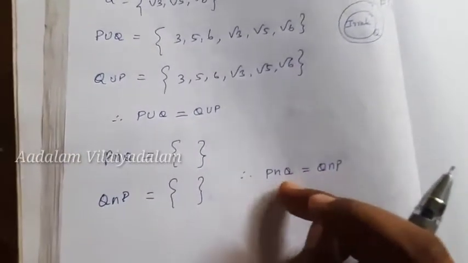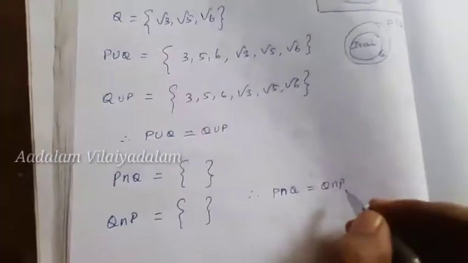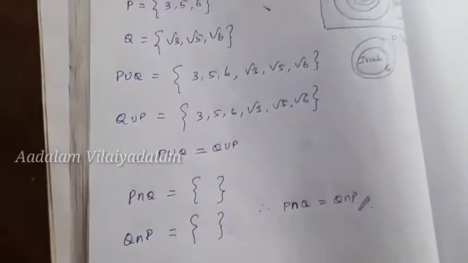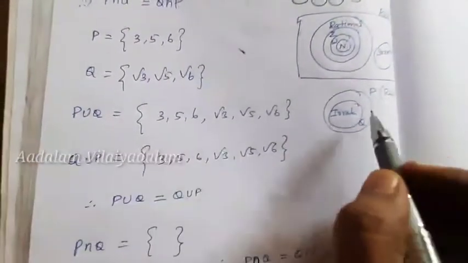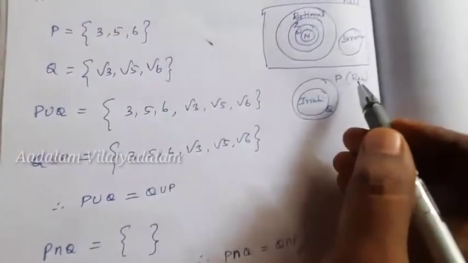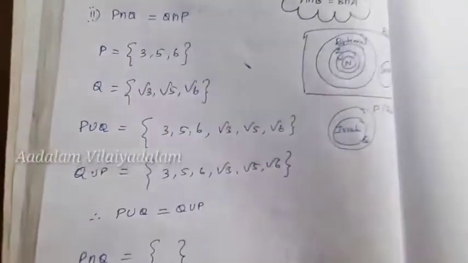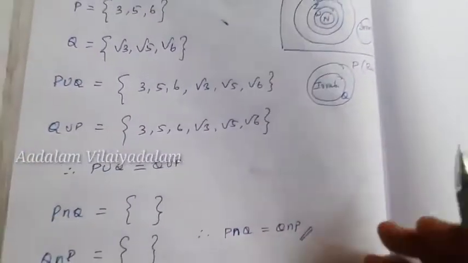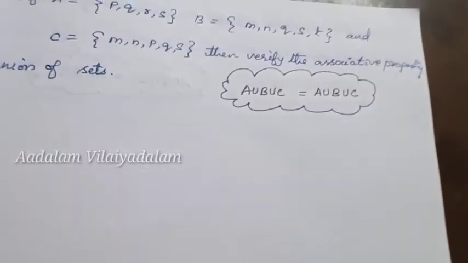With this we can conclude, because the set Q is a subset of the real numbers. The irrational numbers are a subset of the real numbers. With this you can conclude this problem.